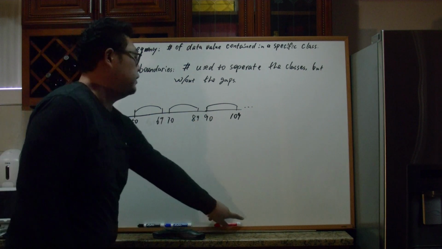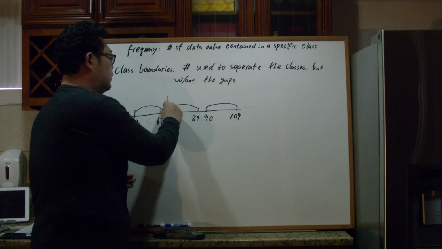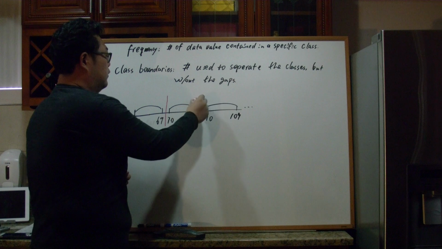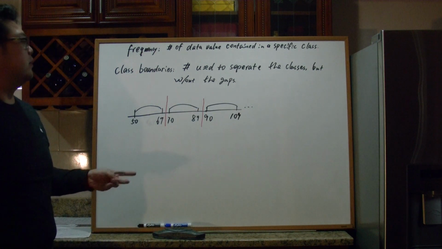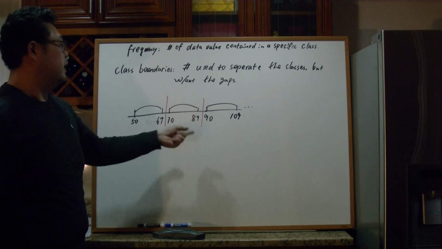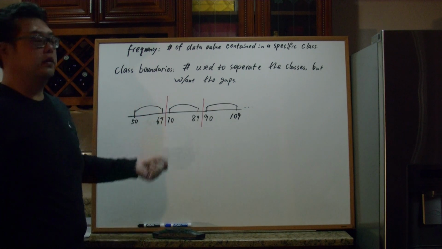In the middle we have a gap of 1. What we're trying to do is make the graph with each class connected together, so that the separation between the classes has no gap.